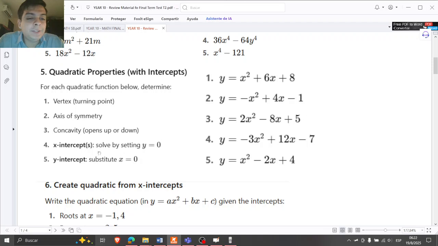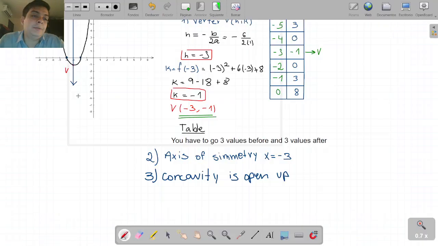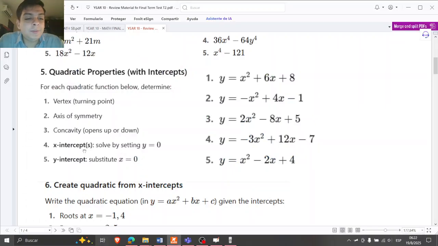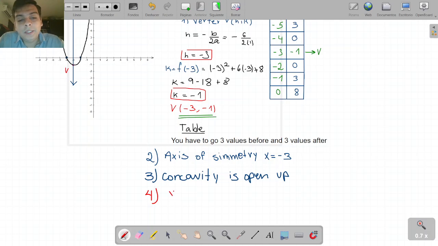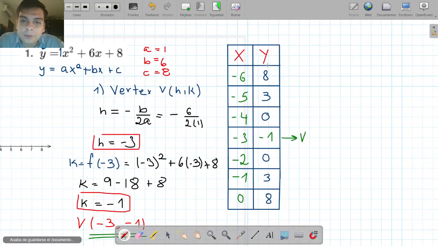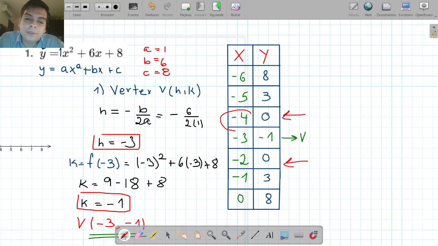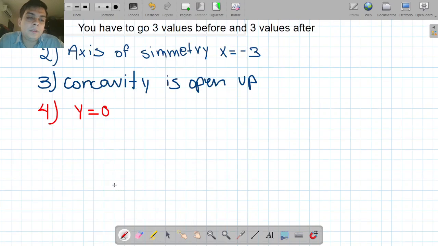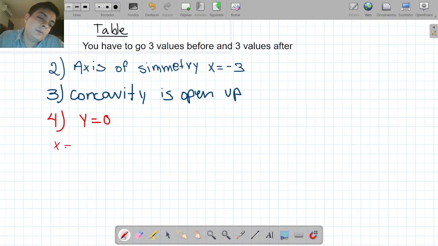The x-intercept means when y is 0. That is number 4. In this case, it's very easy to find because when y equals 0, we are going to find these values here. You will see that the values of x are going to be x equals -4.